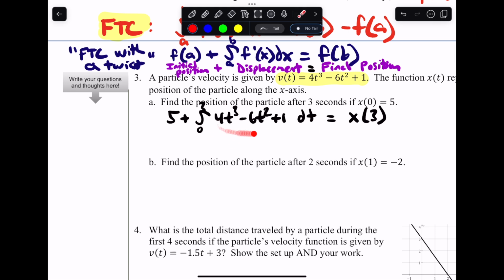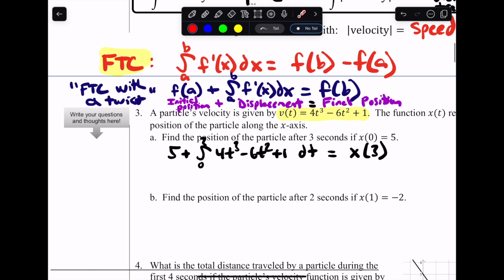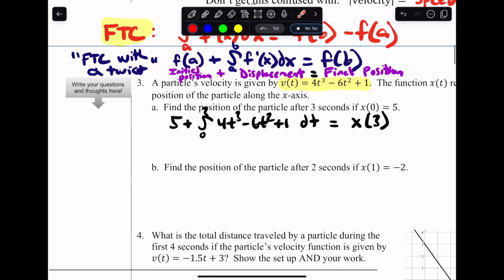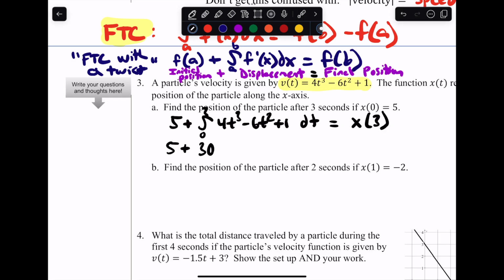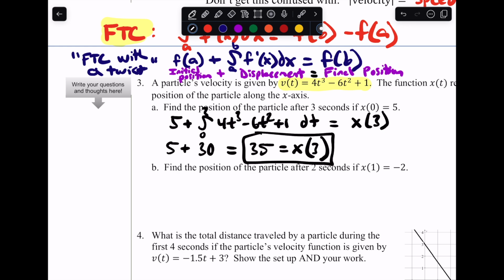In general here, I'll just mention, of course, we can take an antiderivative here and then use our FTC like up here in order to evaluate by taking an antiderivative and then plugging in those limits of integration and subtracting. But altogether, if you do find that integral, it's going to end up being 30 for this particular problem. And if we do 5 plus that 30, that's going to give me 35, which is our position at t equals 3. And so that is going to be our answer for part A.